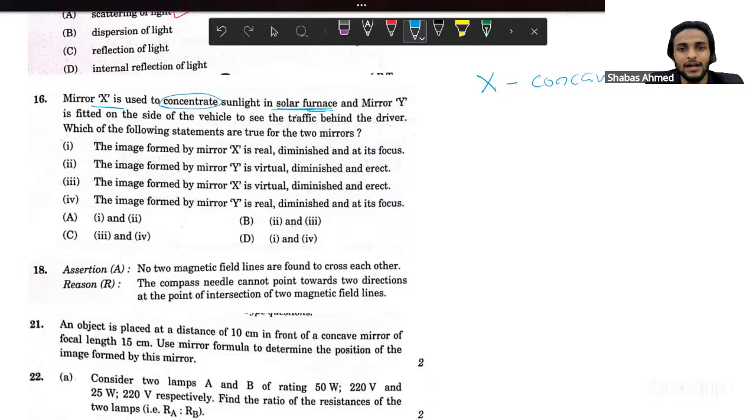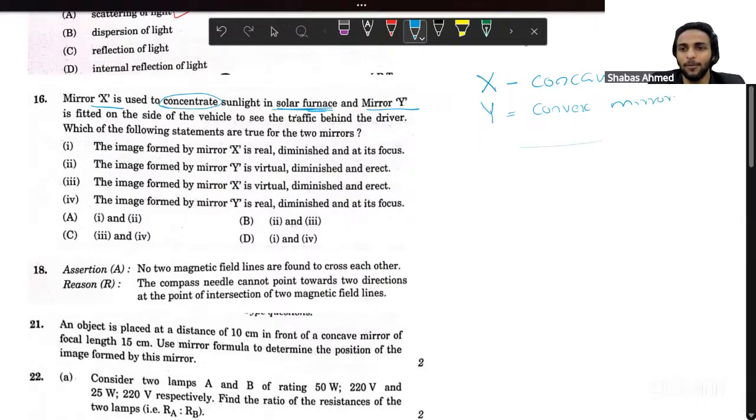And the mirror Y is fitted on the side of the vehicle to see the traffic behind the driver. That is the rear view mirror, so Y is the convex mirror. We know rear view mirrors are convex. This is set 3, I think.